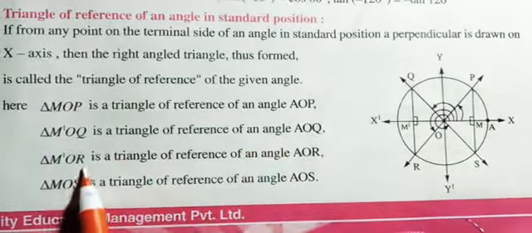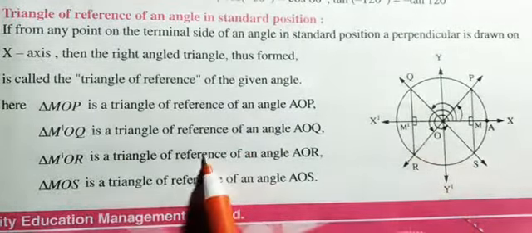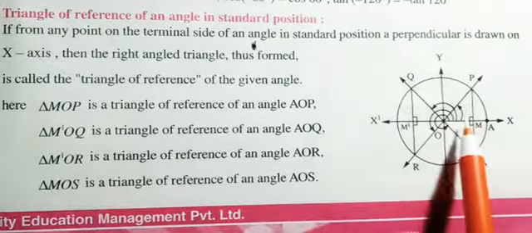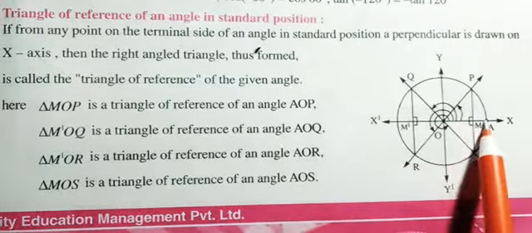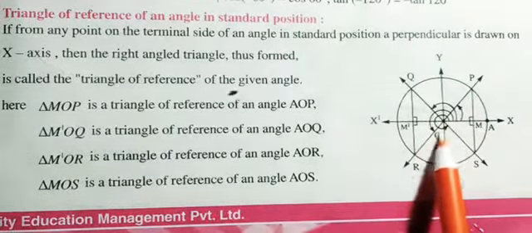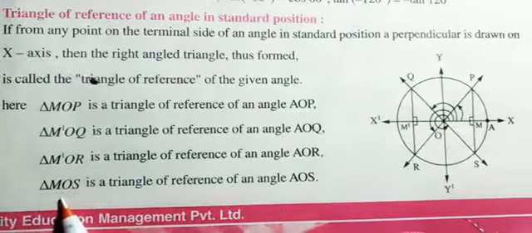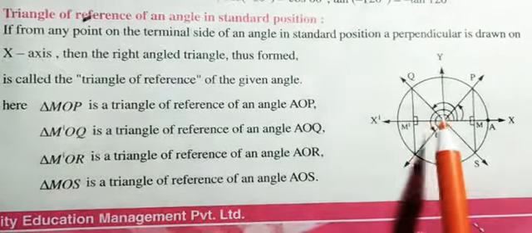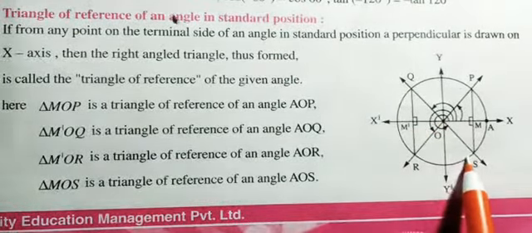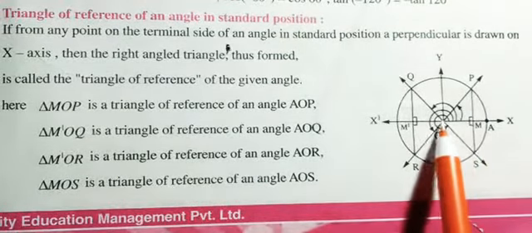Next, M dash OR is the triangle of reference of angle AOR. Next, MOS is the triangle of reference of angle AOS.